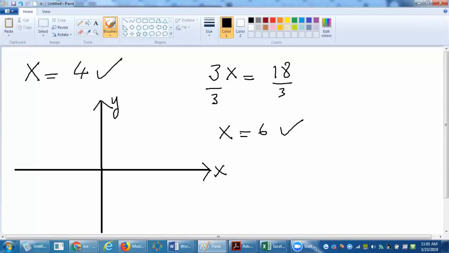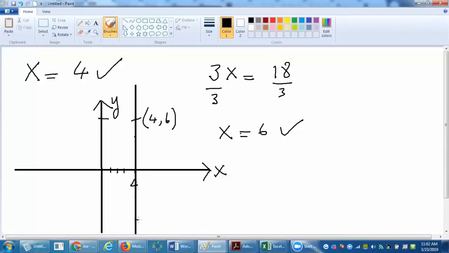In this case, to plot x equals 4, all we have to do is come up with the 4. This is 4. But then for any point on this line, x equals 4. So this is called the vertical line. And the equation of this line is x equals 4. Notice that if you take a point here, x is always 4, but y, let's see, y could be like 6.